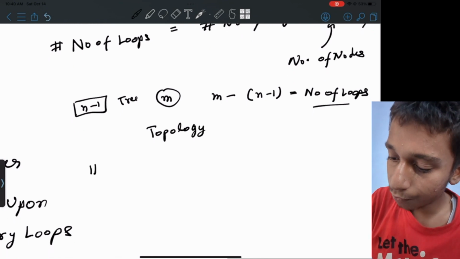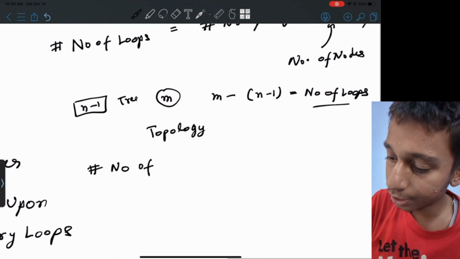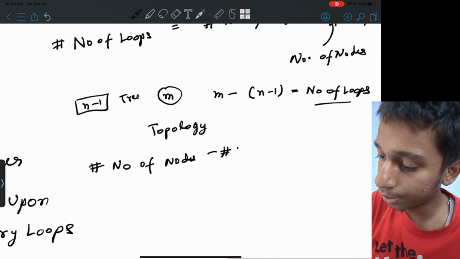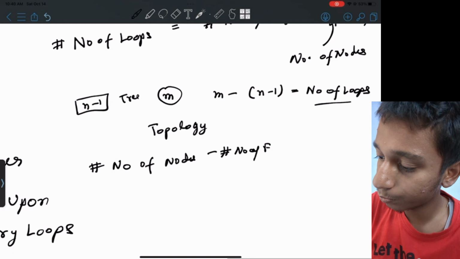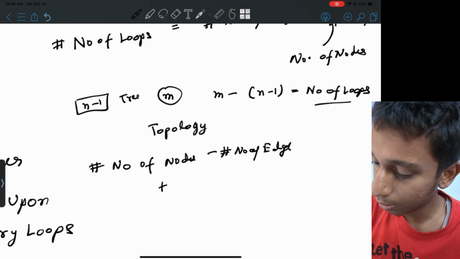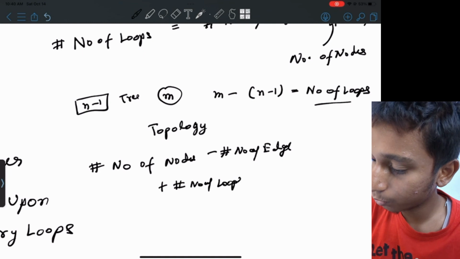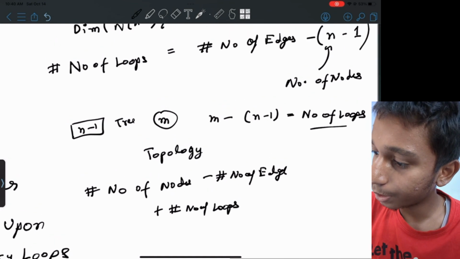I am just rearranging the terms. The number of nodes minus the number of edges plus the number of loops is equal to 1.